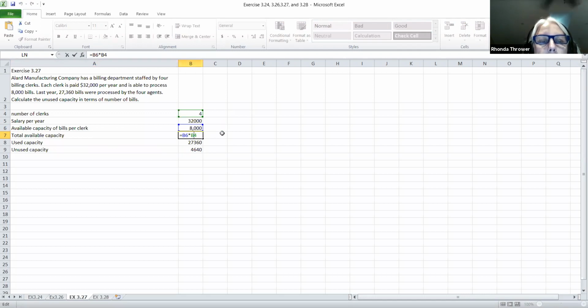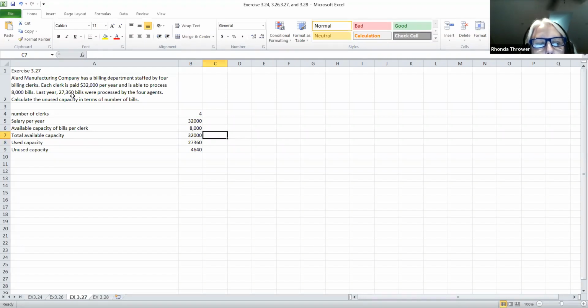We're going to multiply it by 4 because there were 4 clerks, and that will give us 32,000 as the total capacity, which is the number of bills that they would be able to process in a year. That's your available capacity. Then they told you that you processed 27,360. That's your used capacity.